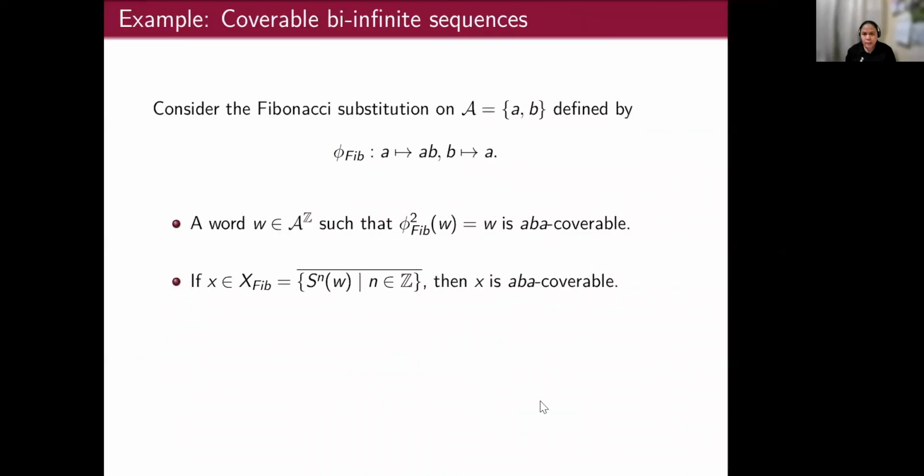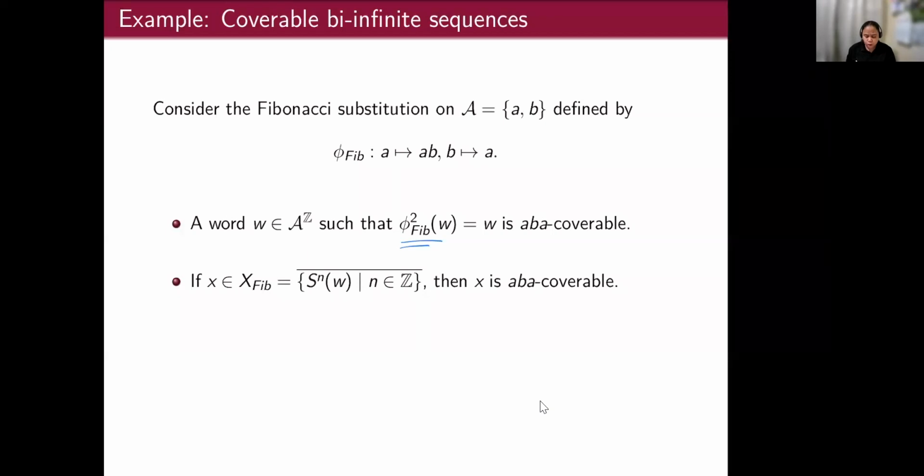Let's look at an example of a bi-infinite coverable word. Here we have the Fibonacci substitution defined on the alphabet of two letters, A and B, where A is sent to AB and B is sent to A. The bi-infinite word W that is the fixed point of the square of the Fibonacci substitution is ABA coverable.